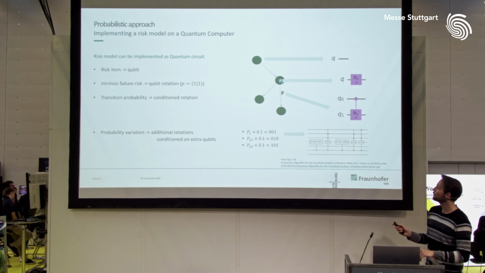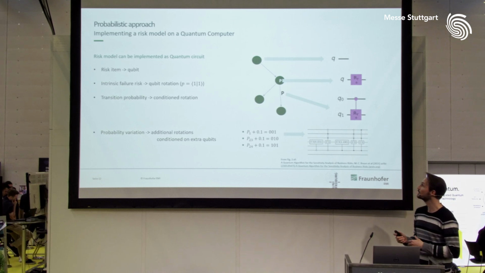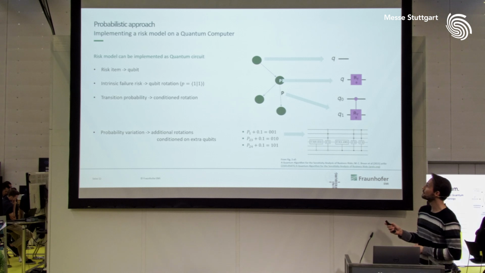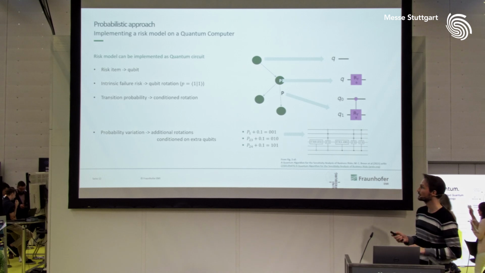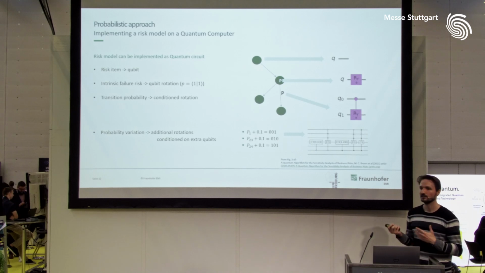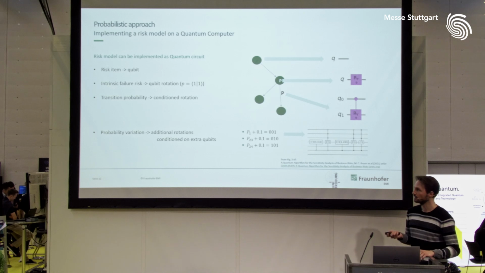The intrinsic probabilities of failure are just modeled by a rotation. And the conditional probabilities here are represented by conditional rotations. And the rotation angles are just such that the probability of measuring the excited state in these qubits is the same as the probability of a failure in that risk item.